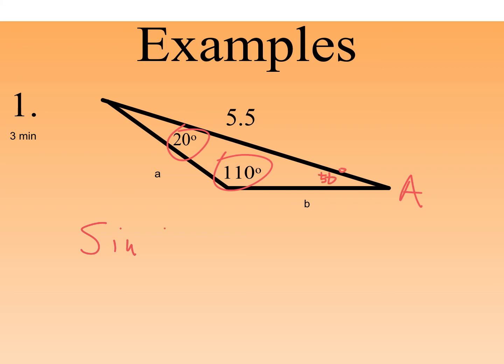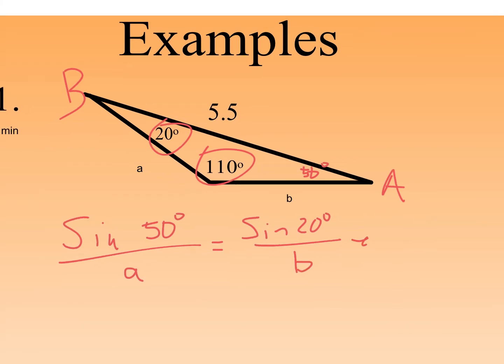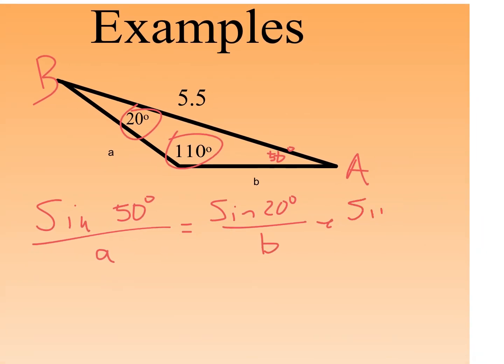So sine of 50 over little a, which we don't know, equals sine of big B, which has got to be this one, and that's 20, over little b, which we don't know, equals sine of, what's that last one? Oh, this must be big C then, and this must be little c. And sine of 110 over little c, which is 5.5.